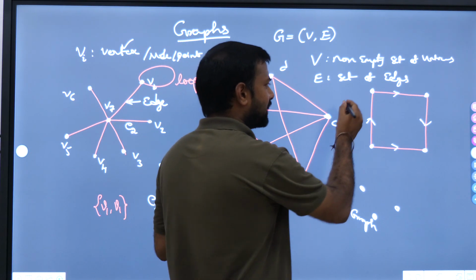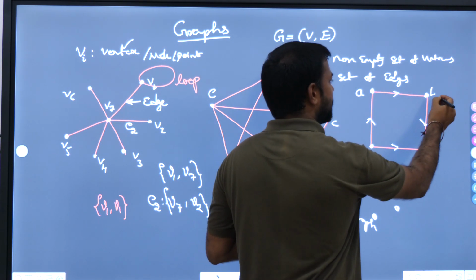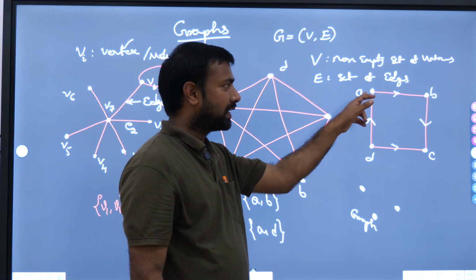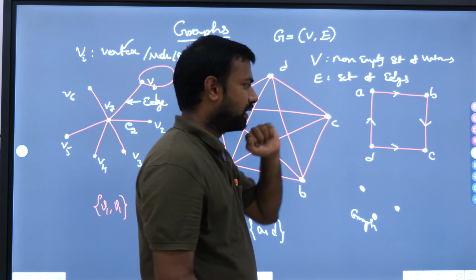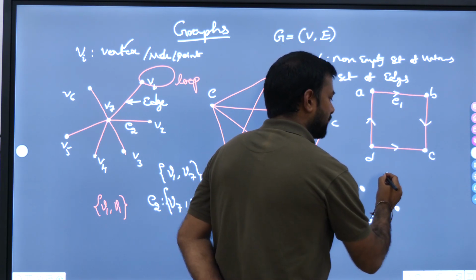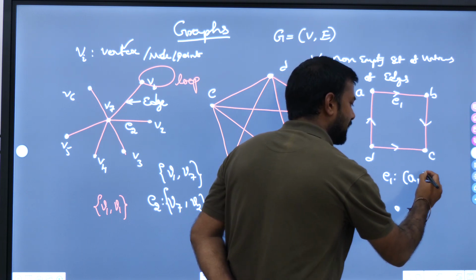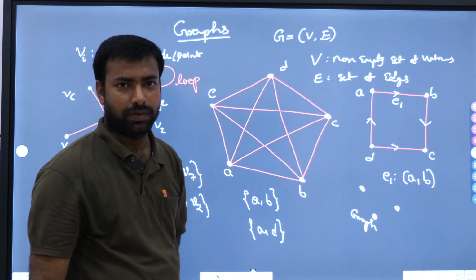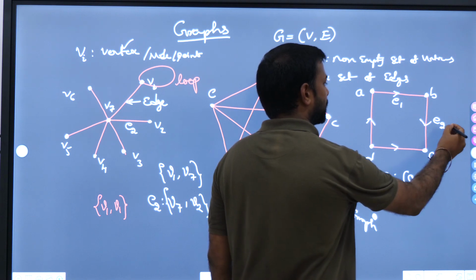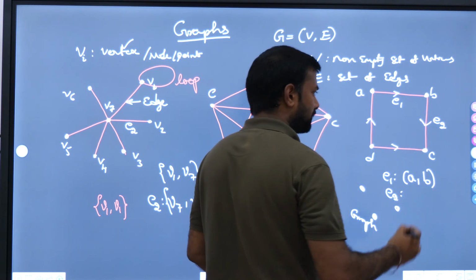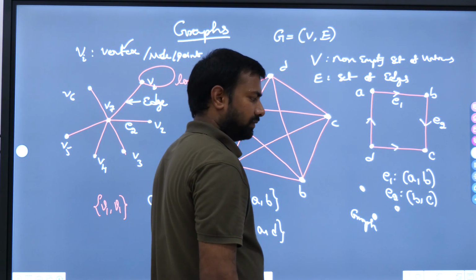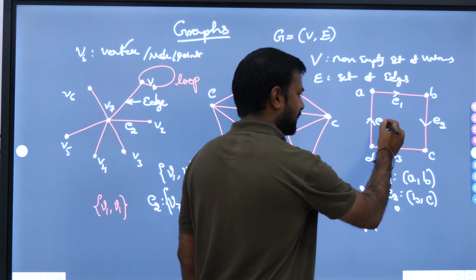Let us say I am naming the vertices A, B, C, D. Now there is an edge starting at A and going to B. Let me name that edge E1. E1 is denoted with an ordered pair A comma B. Similarly, if I name this edge E2, we denote E2 with the ordered pair B comma C. Similarly, let me name these E3 and E4.